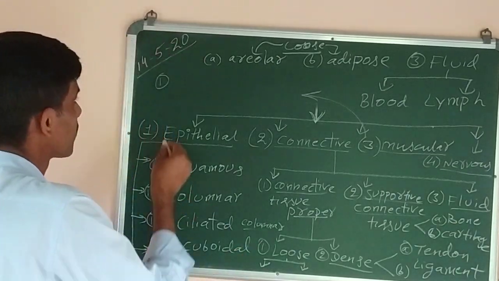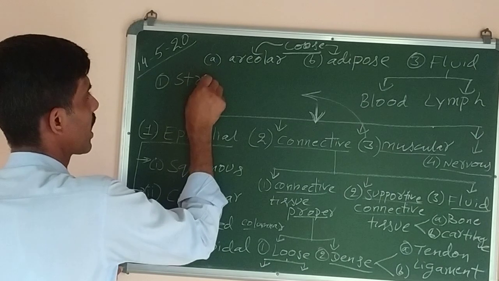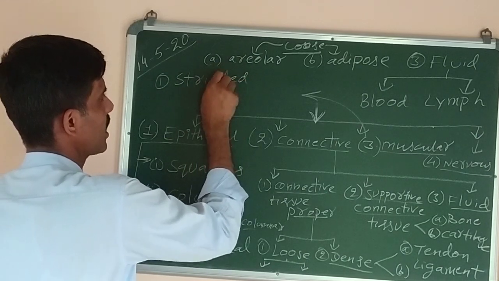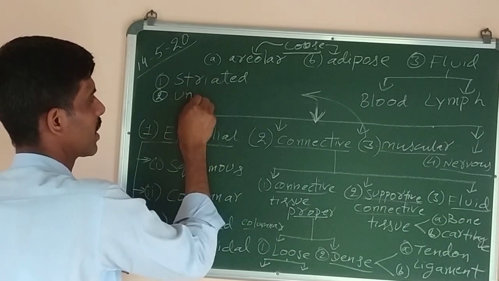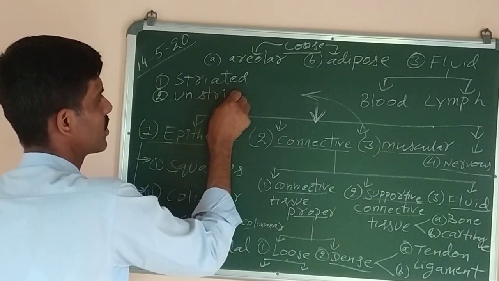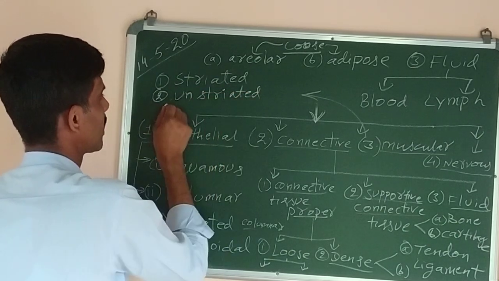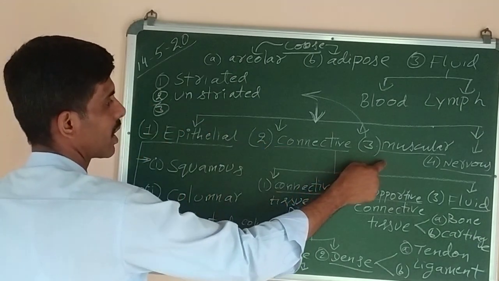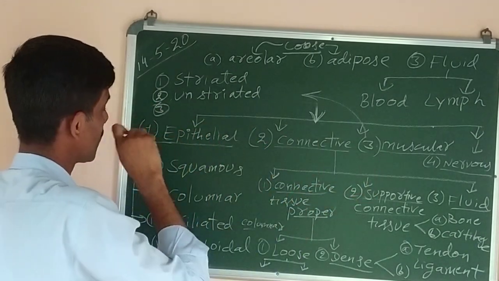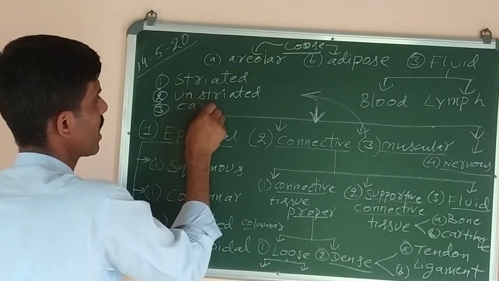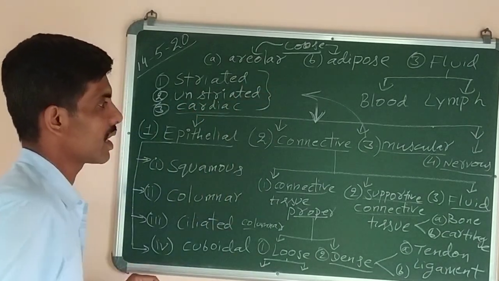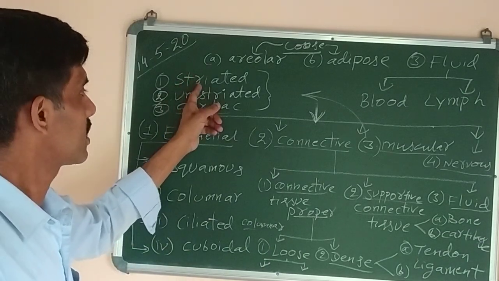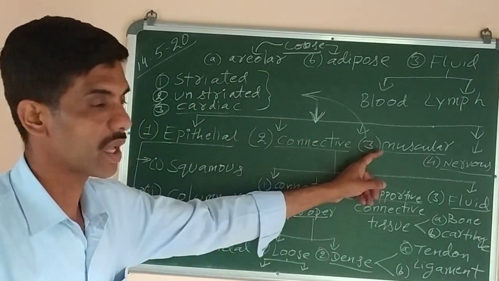Striated, S-T-R-I-A-T-E-D. Number two, unstriated, same spelling with 'un'. And the third type of muscular tissue is cardiac tissue, C-A-R-D-I-A-C, which is found only in the heart. So these three are the types of muscular tissue.